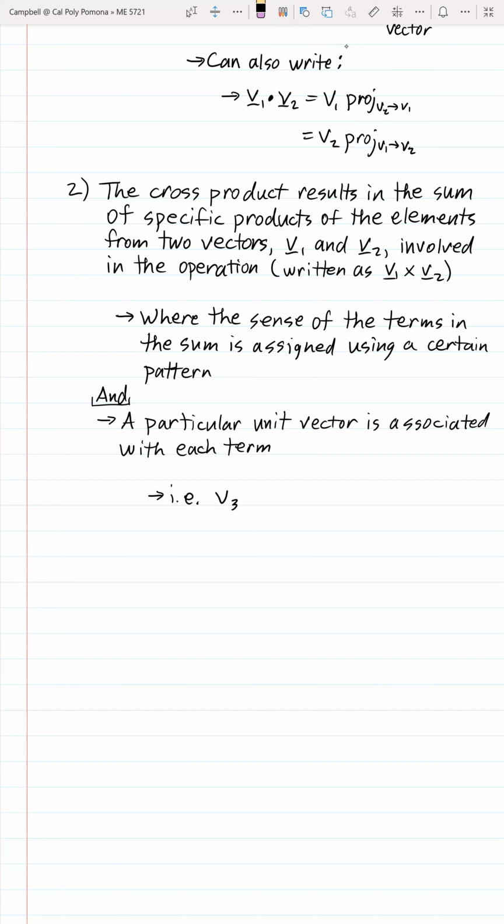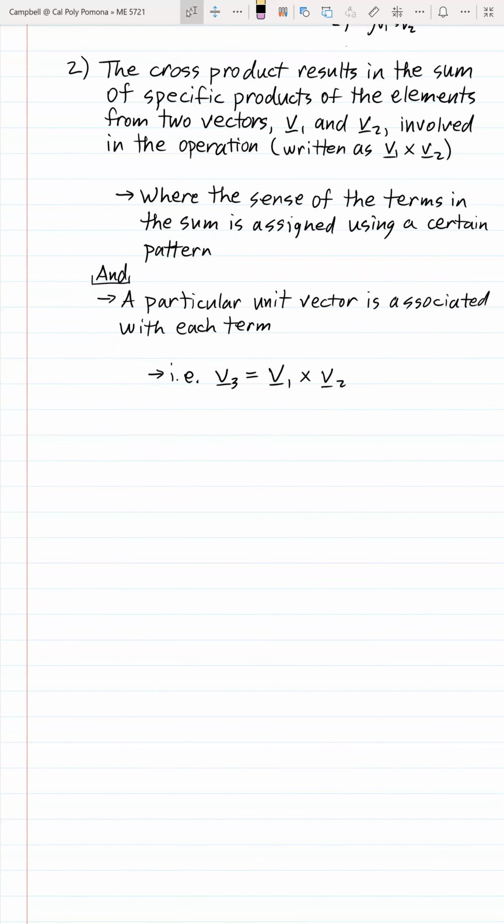So V3 is the vector that results from the cross product. So note, as I will have soon, that the result of a cross product is a vector. And we have V1 crossed into V2. And here I'm just going to continue with the assumption that we're dealing with vectors in 3 space just to make life a little bit easier for us.